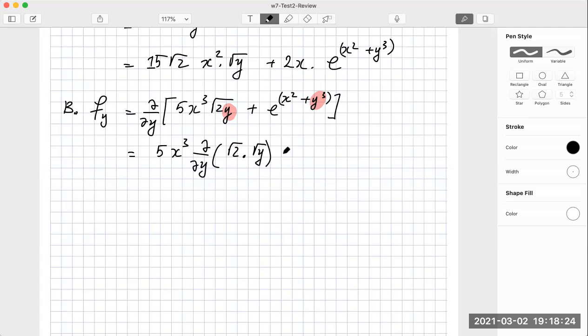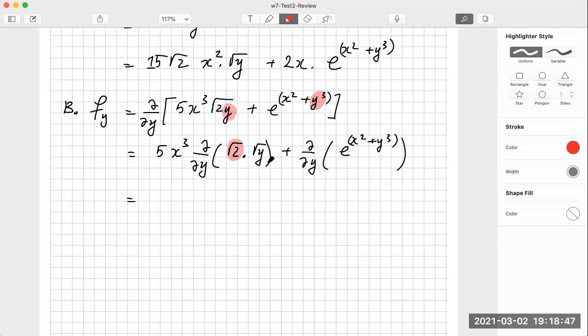The same story. Here, the partial derivative of e to the x squared plus y cubed. Therefore, this one again is a constant, we can take it out.